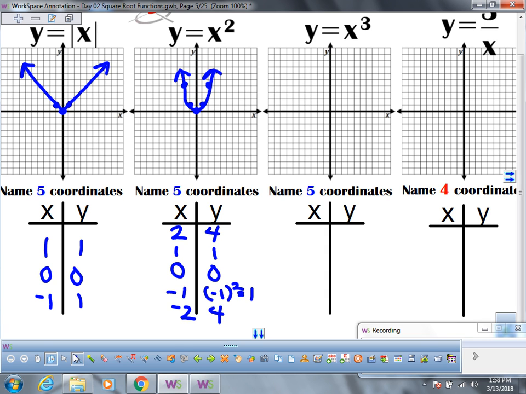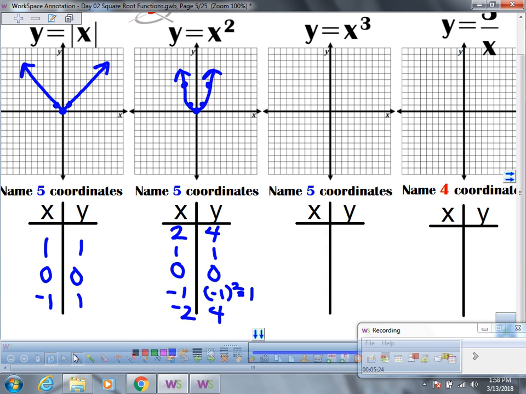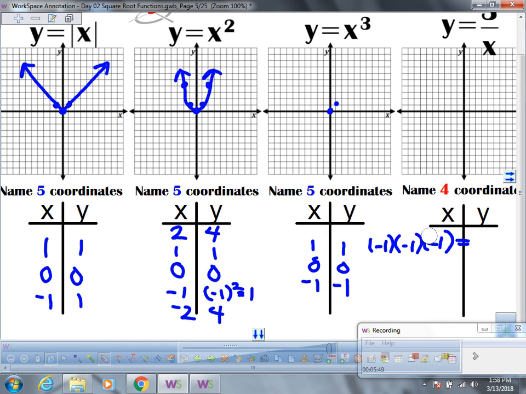All right. What about x cubed? What were our magic numbers for that? 0, 0. If I cube 1, what do I get? 1. If I cube negative 1, what do I get? Negative 1. Because a negative 1 times a negative 1 times a negative 1 is still negative 1.